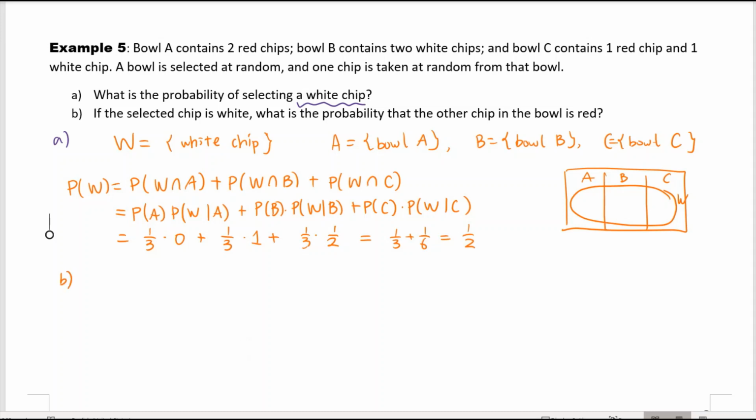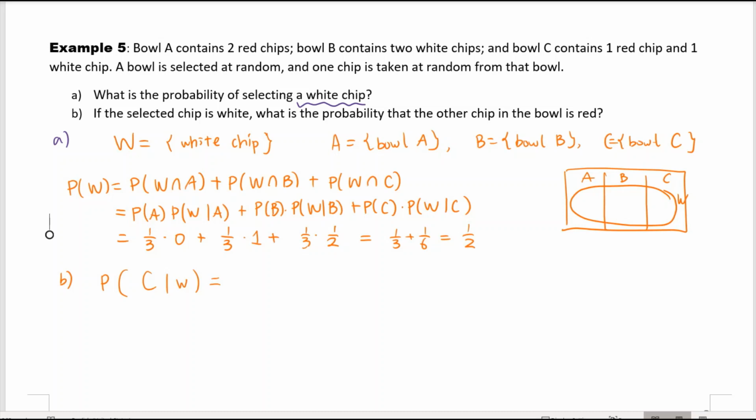If the selected chip is white, what is the probability that the other chip in the bowl is red? What does that mean? It means given that the chip we select is white, what is the probability the other chip in the bowl is red? Which bowl is it? The bowl has a red chip and a white chip, so this is bowl C. So it's really asking, if we select a white chip, what is the probability that this chip comes from bowl C?